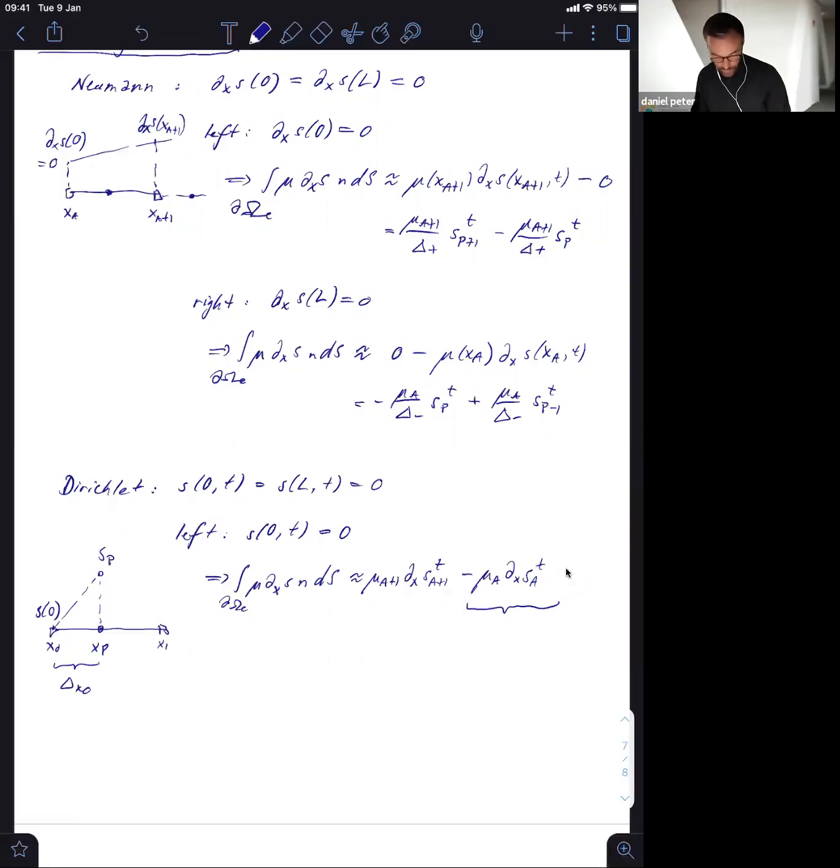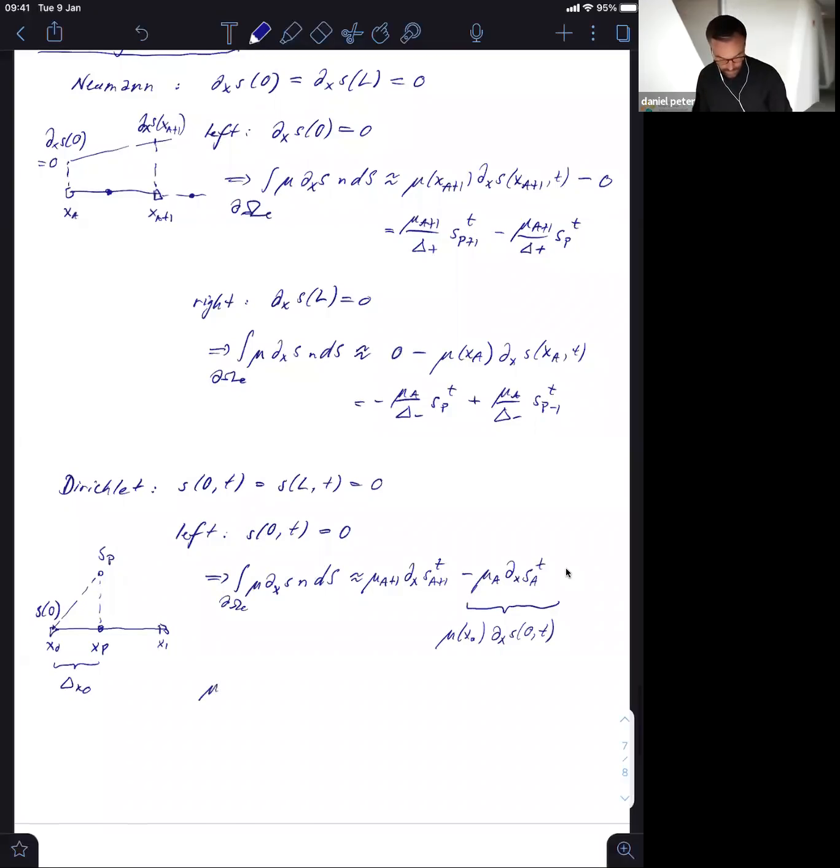And so if we want to approximate that, so that's the position at x0 and the derivative at x0. How would we approximate that? Well, we can use this simple backward difference scheme.